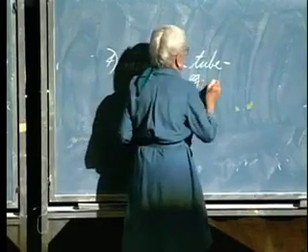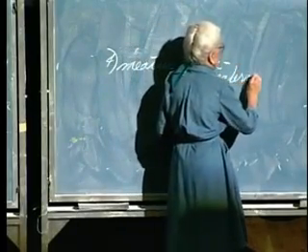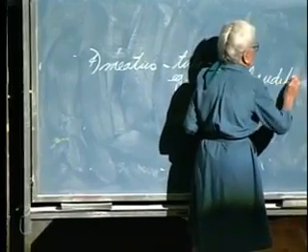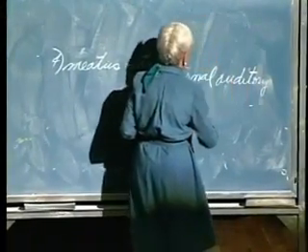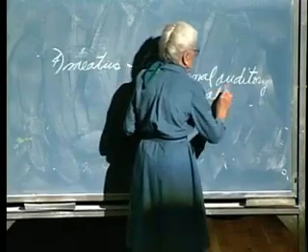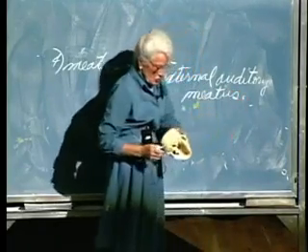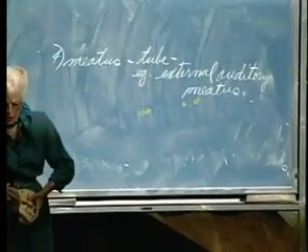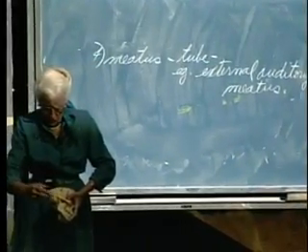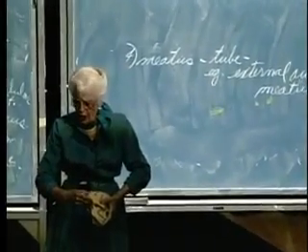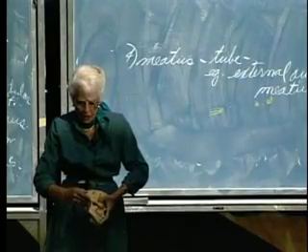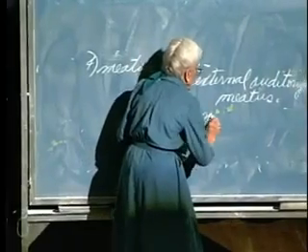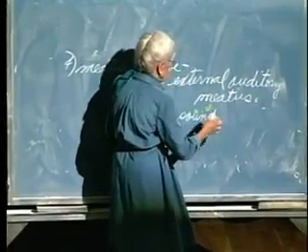Example, the external auditory meatus. So we have to get sound waves to come into the auditory receptor. Has to go through the bone. It travels through the external auditory meatus. So this is for sound waves. We'll see it when we study the ear.